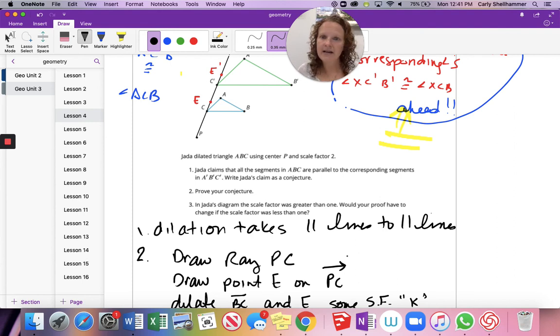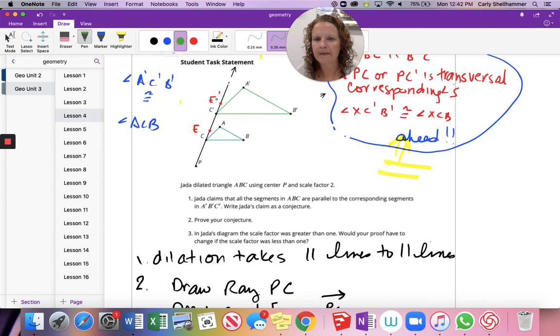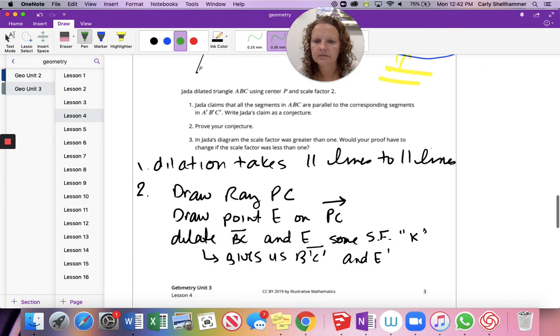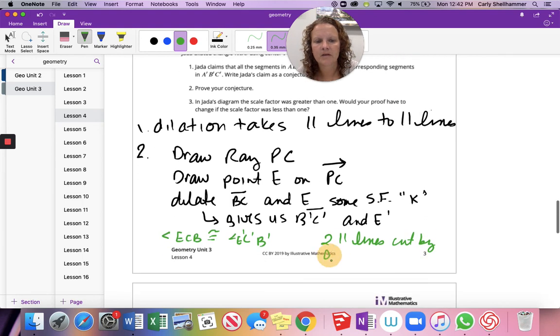Now we have angle ECB, this angle right here, is congruent to angle E prime, C prime, B prime, because two parallel lines cut by a transversal have congruent corresponding angles.